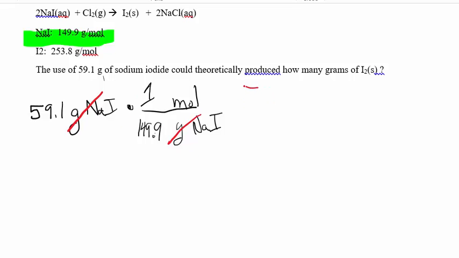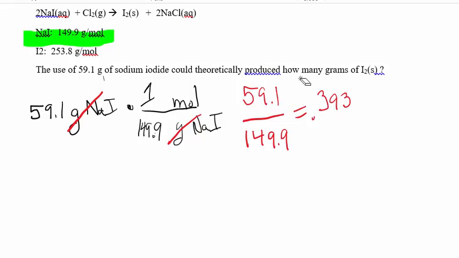So when I multiply this out, I get 59.1 divided by 149.9, and if I do it on my calculator, I get 0.394.